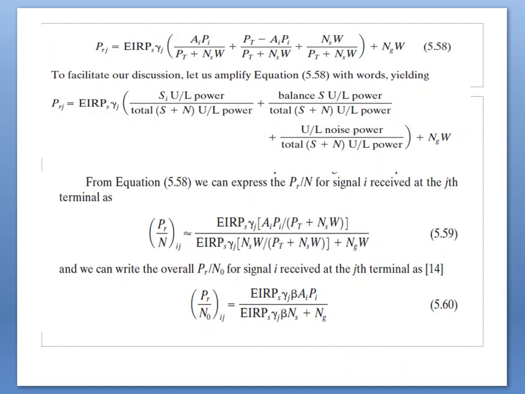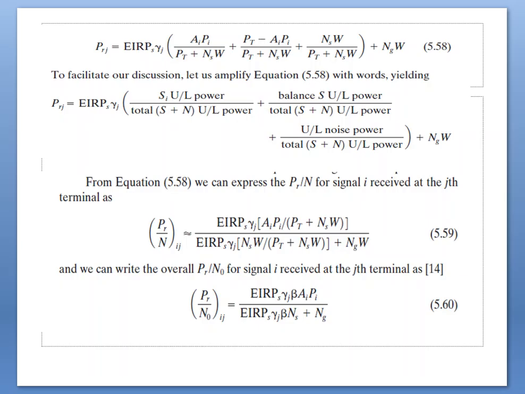And finally, we can express these equations based upon the identity. Based on all these equations, we can finally conclude that the power received by the satellite is as shown in equation 5.58.